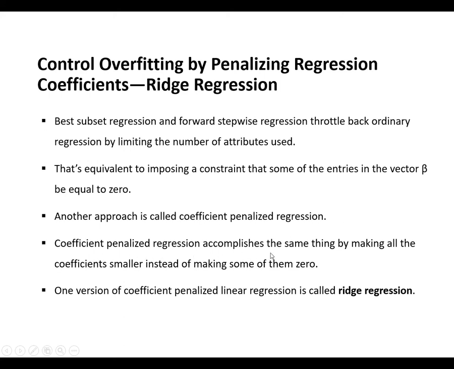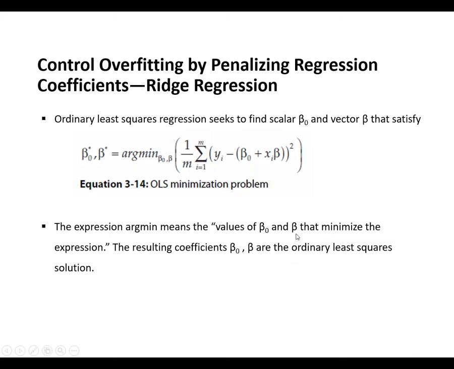Coefficient penalized regression accomplishes the same thing by making all the coefficients smaller instead of making them 0. So, what happens? Instead of excluding xi, we keep a minimum value of beta which is very close to 0.